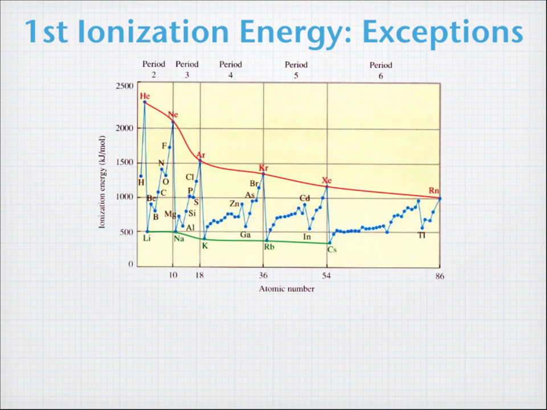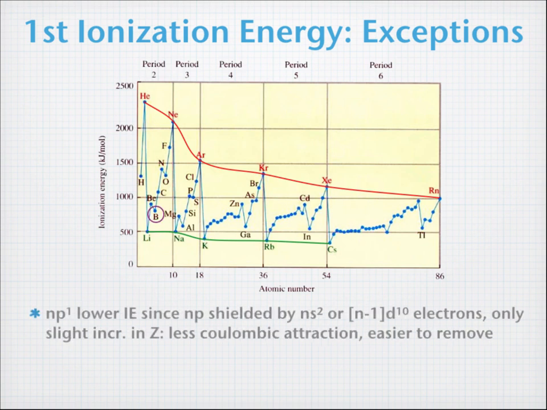However, notice that as you come across, there are some places where there's a decrease in the ionization energy as we go from one element to another. The first time we see this is as we move from beryllium to boron, or magnesium to aluminum, zinc to gallium.